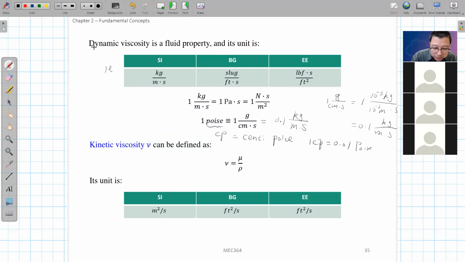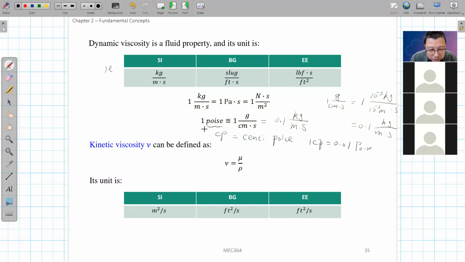I told you that we call this mu the dynamic viscosity or absolute viscosity, right? There is another definition of viscosity, called the kinematic viscosity. So the relationship between the kinematic viscosity nu and dynamic viscosity mu is only by density. Okay, so the kinematic viscosity nu is equal to mu divided by rho.